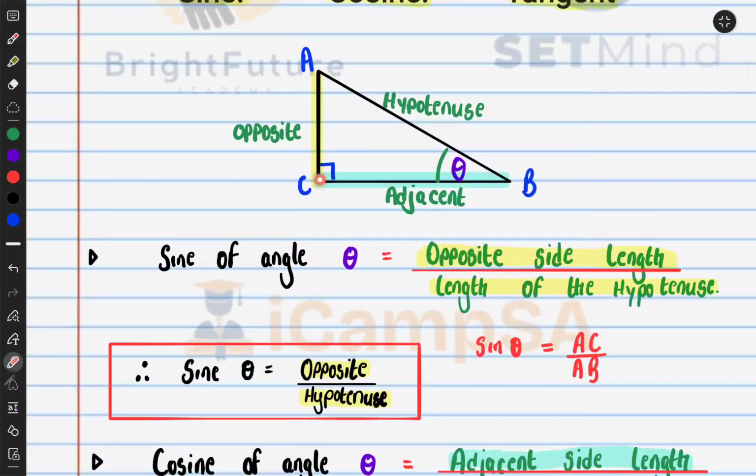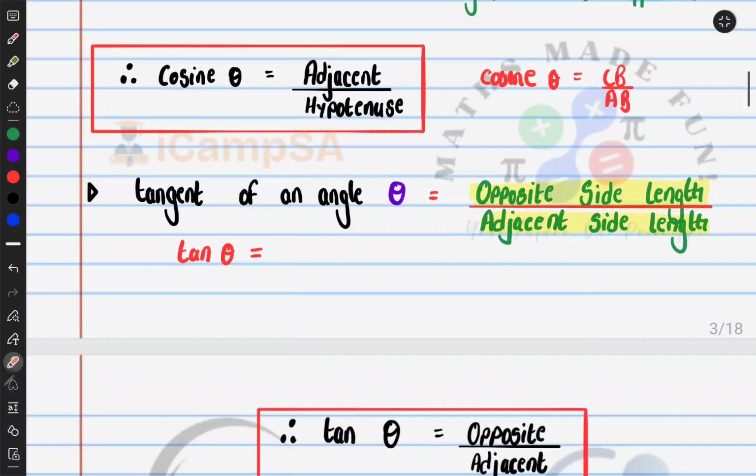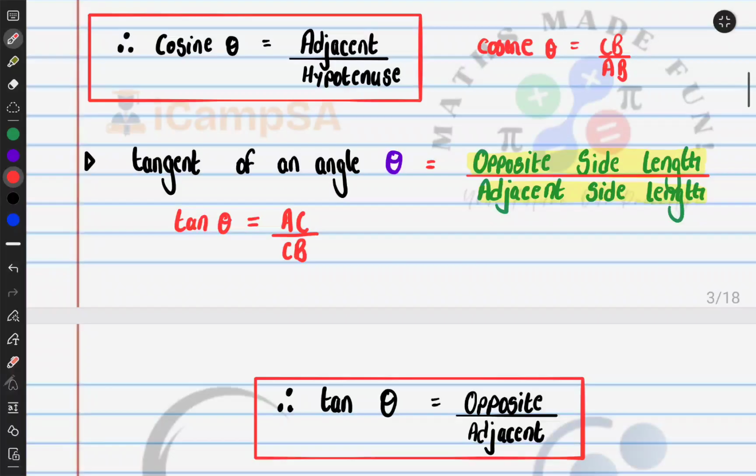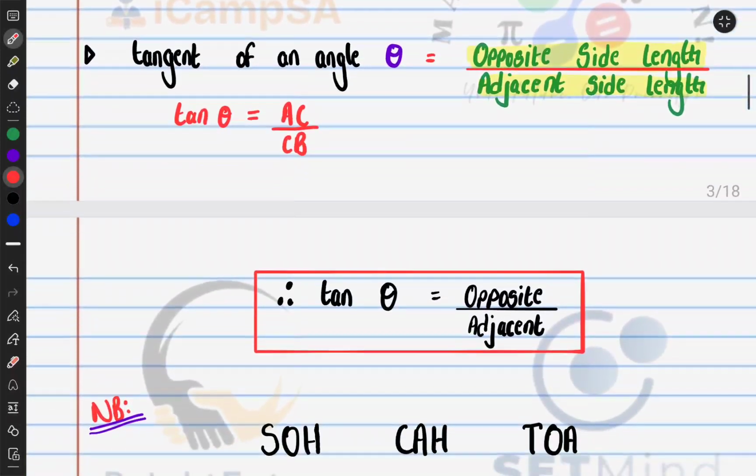What is the side opposite to theta? It is side AC over the adjacent side, which is side CB. Therefore, the answer here is going to be side AC, the opposite side, over side CB. So that is basically the tangent of an angle theta, and that is how the ratio is determined. It's the opposite side over the adjacent side.